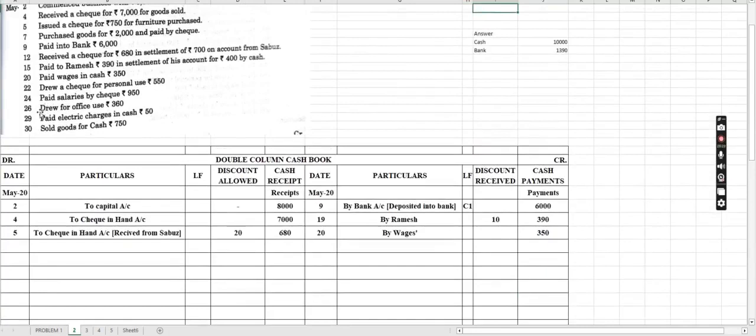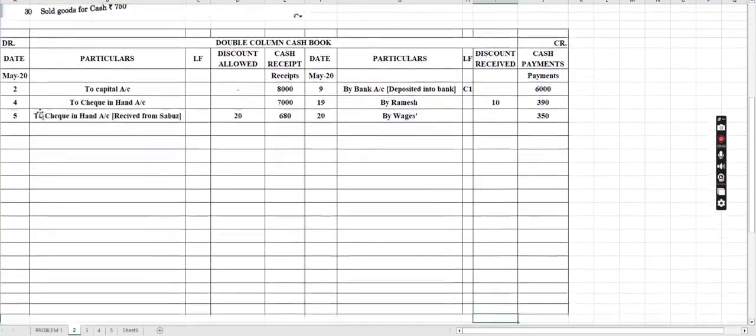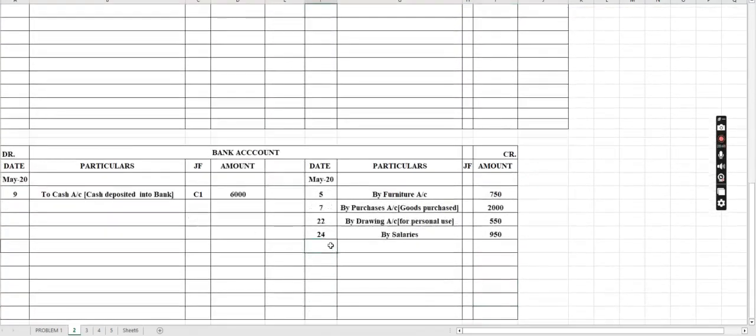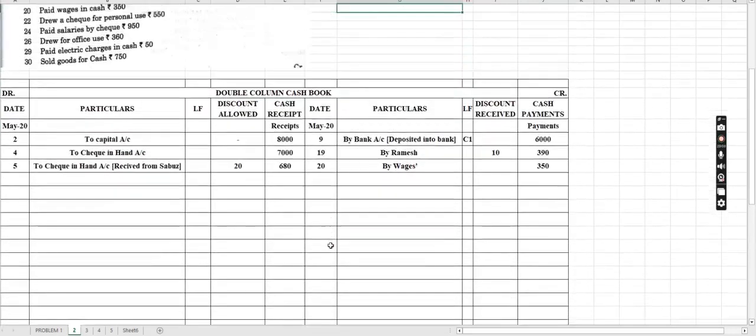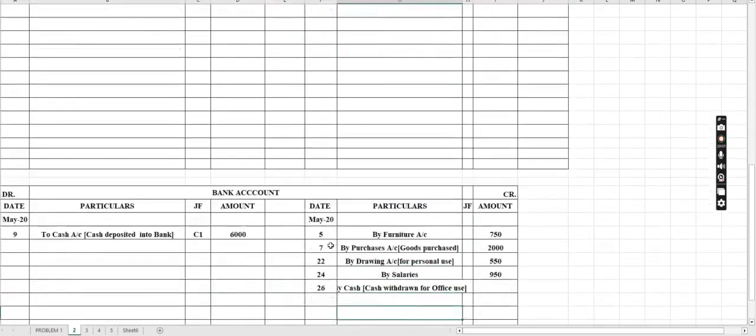Here the amount is drawn from the bank for office use, which means two transactions, a contra entry. One is in cash, another one is in the bank. On 26th, first we go to the bank account, and by cash we write cash withdrawn for office use. How much amount? 360 rupees is withdrawn for office use.